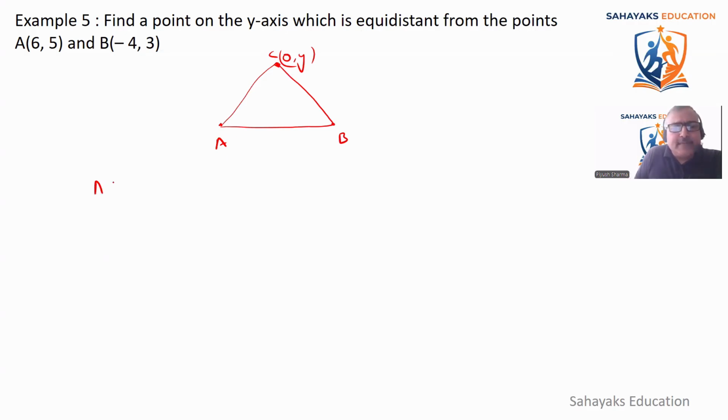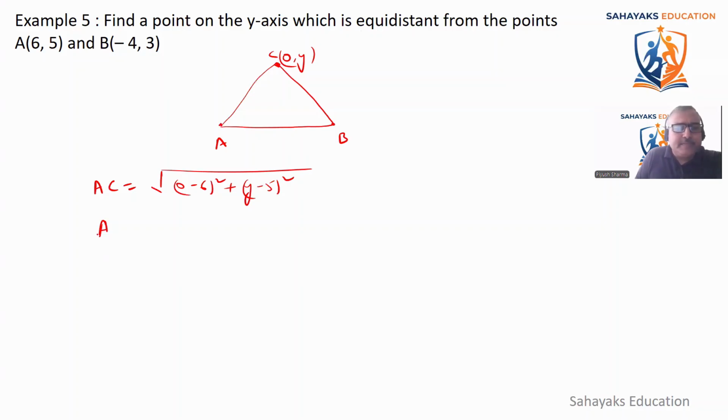So we have to find AC. What is AC? AC is equal to square root of 0 minus 6 whole square plus y minus 5 whole square.